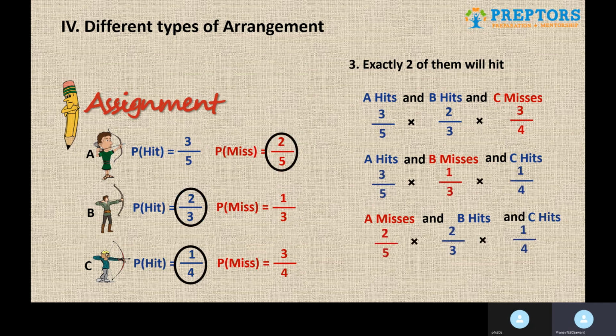These are the probabilities that we know and we will add them because these are the possibilities. So we will always do A first, or second, or third. After finding out the answers, we will get the final answer as 25 by 60. So that is 5 by 12. So 5 by 12 will be the probability that exactly 2 of them will hit.